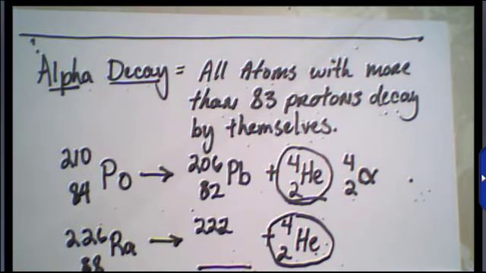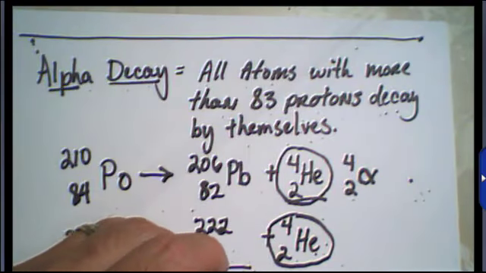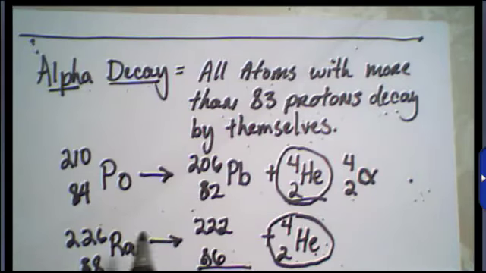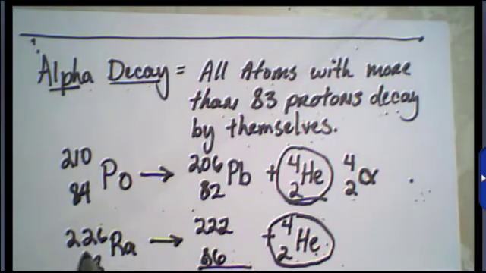The process is the same. I have 88. This is radium. Radium has an atomic number of 88 and a mass number of 226. It's really simple. What plus 2 gives you 88? Well, 86 plus 2 gives you 88. And what plus 4 gives you 226? 222. So 222 plus 4 gives 226, and 86 plus 2 gives 88.